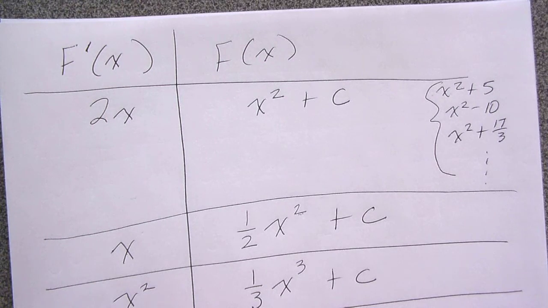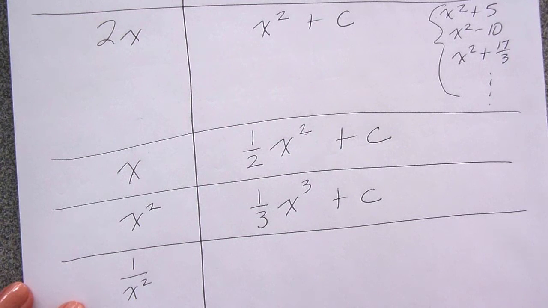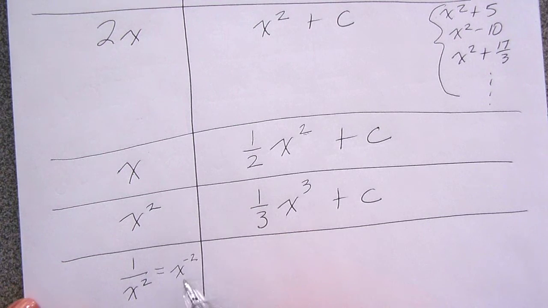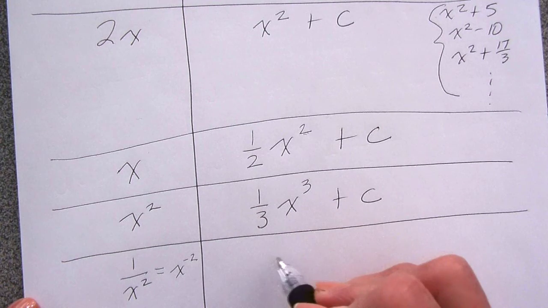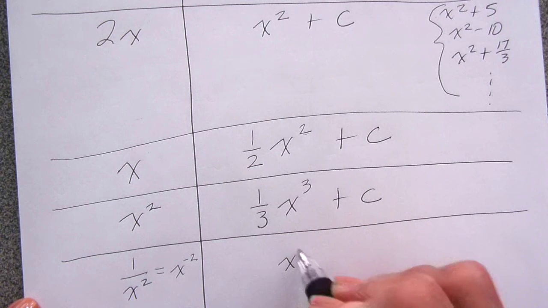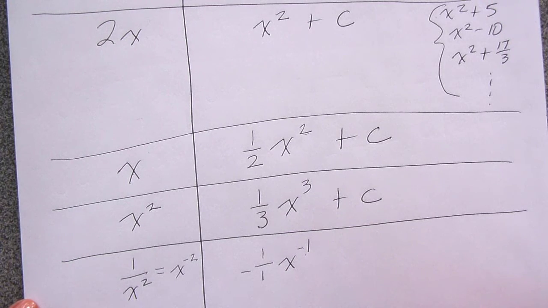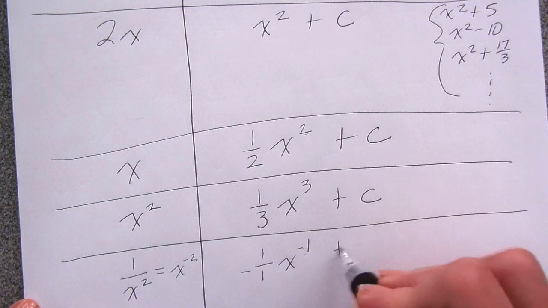Okay, so 1 over x squared. That's the same thing as what? x to the negative 2. So increase that by 1: x to the negative 1. Divide by negative 1. Okay, plus a constant.